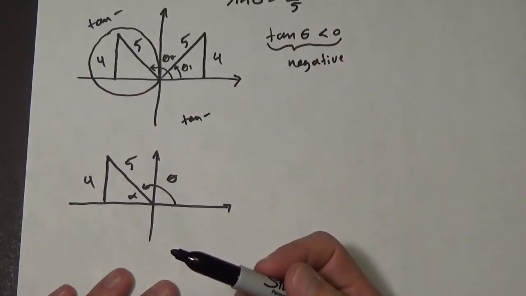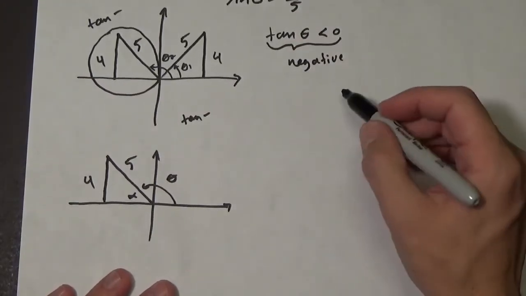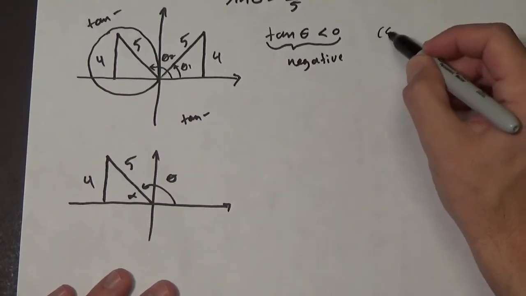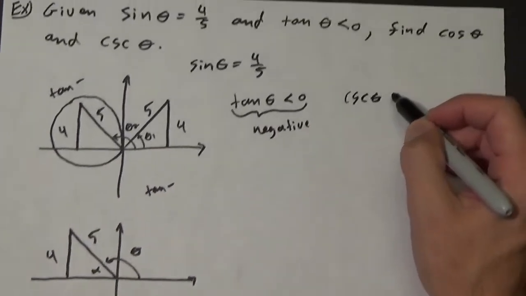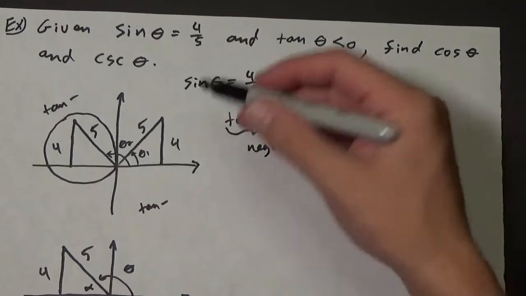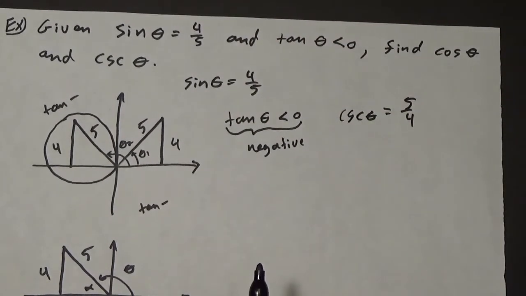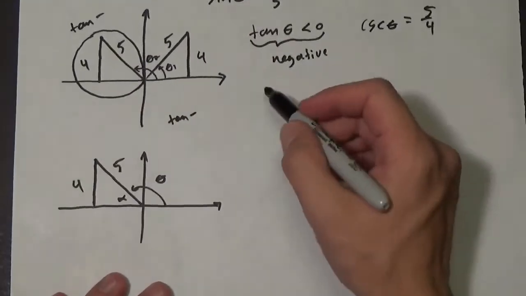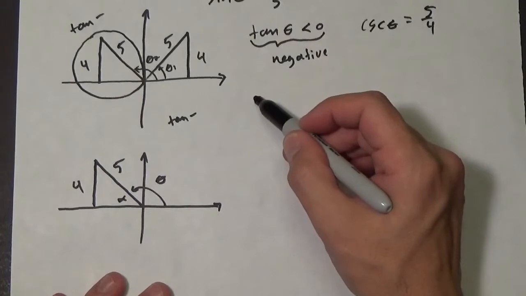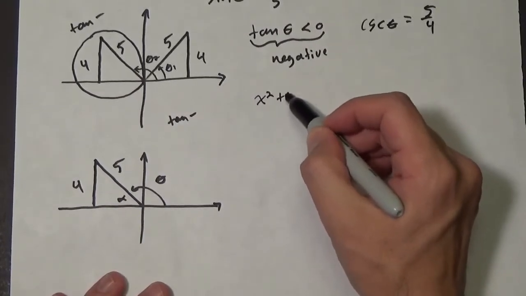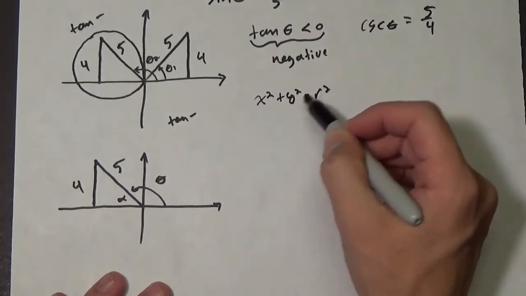Well, let's see here. The cosecant is easy enough. The cosecant is just 1 over sine, so it's 5 over 4. But the cosine, on the other hand, we need the adjacent over the hypotenuse, so we will have to use the Pythagorean theorem. So we have x squared plus y squared equals r squared.